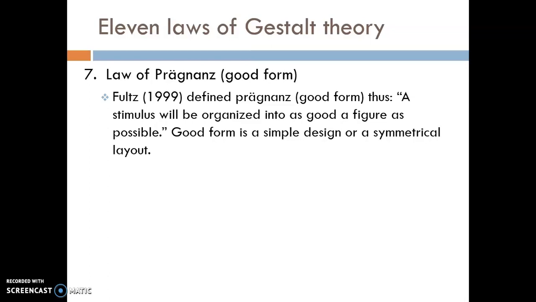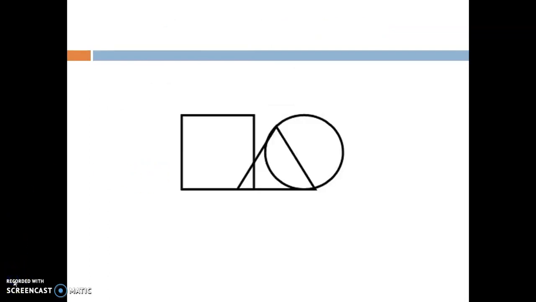The pragnanz law shows how our eyes can simplify complex shapes into simple shapes. Okay, we tend to prefer to recognize things which are simple and clear rather than complex and awkward. That which is distinct stands out, while that which is less clear may not be noticed. Simple and familiar shapes will be seen first. Primary shapes such as triangle, circle, square will stand out.